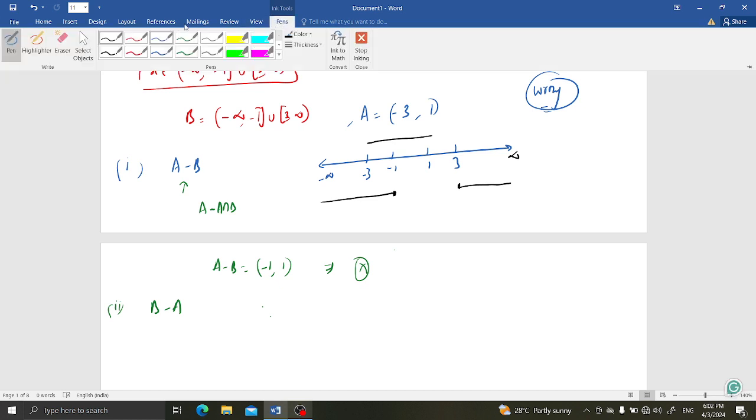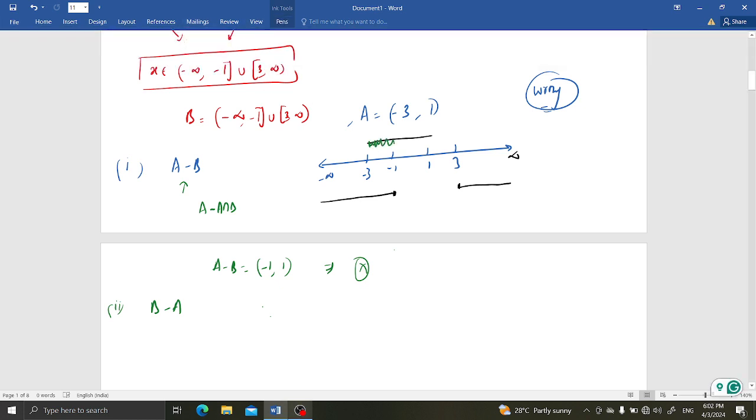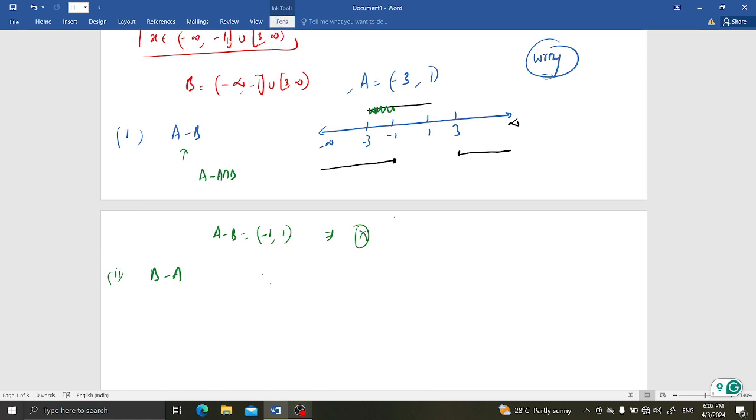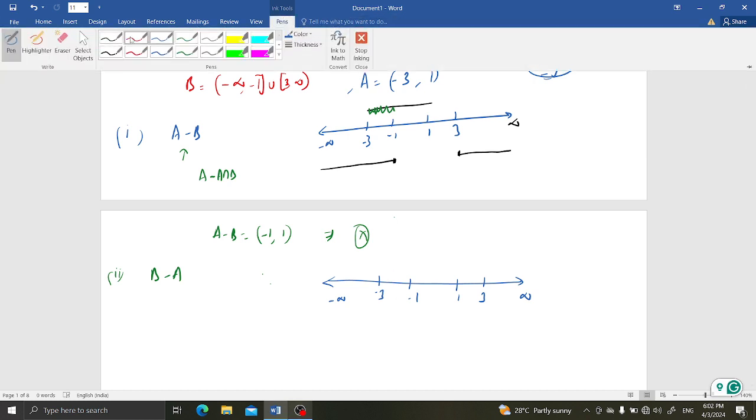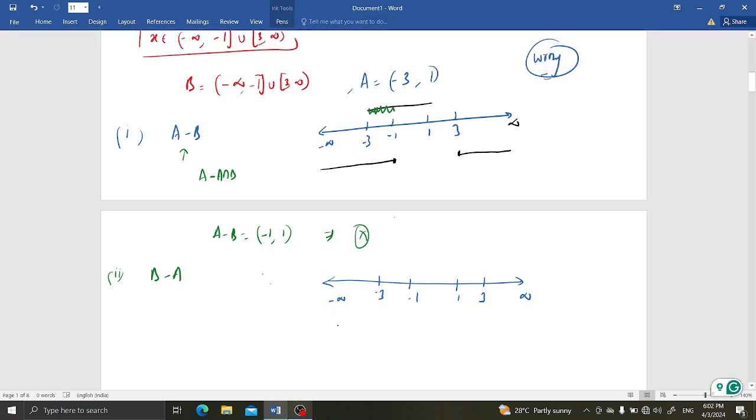For B minus A, B minus A is the collection of those elements of B which are not in A; we need to remove from the set B the common elements. So this is your minus infinity, minus 3, minus 1, 1, 3 and infinity. Here we can observe that set B is from minus infinity to minus 1 and from 3 to infinity.